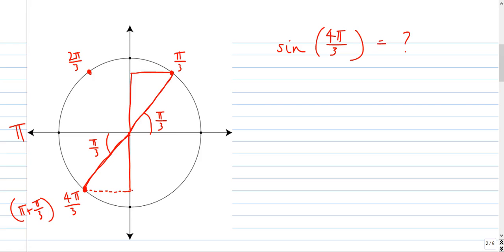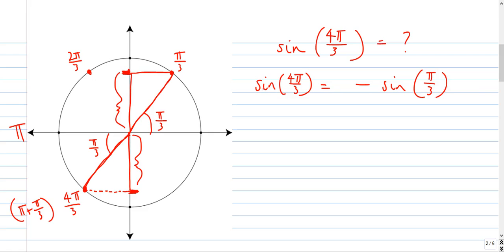And we're trying to find what this value here is, sine of 4 pi on 3. Now sine of pi on 3 is up here somewhere, and this distance here and this distance here are exactly the same distance. One is positive and one is negative. So what we've established so far is that sine 4 pi on 3 is the negative of whatever sine of pi on 3 is.